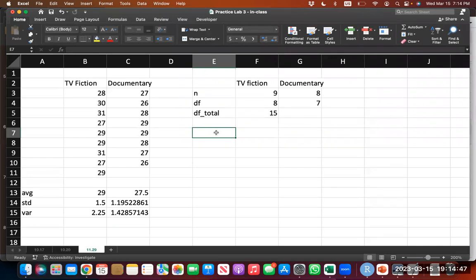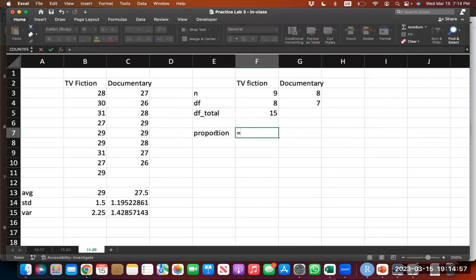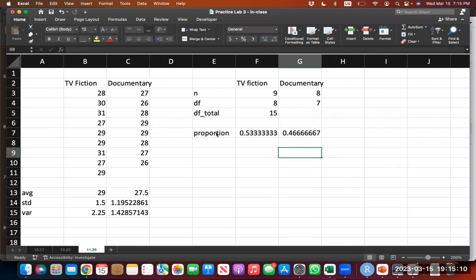So now we have our proportion. Our proportion is here 8 over 15, and it is 7 over 15 for degrees of freedom total.